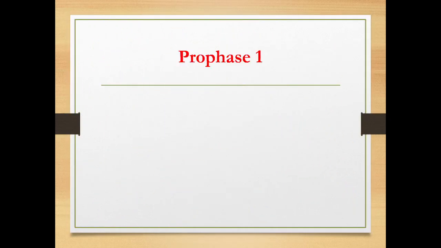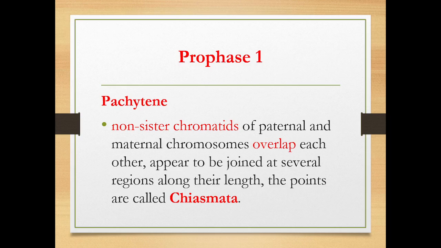Let's quickly move on and look at pachytene once again. So the non-sister chromatids of paternal and maternal chromosomes overlap each other and appear to join at several regions along their length. These points are normally known as the chiasmata. It is at this same chiasmata that crossover will start taking place. So zygotene is responsible for formation of the bivalent, and that bivalent will lead to the process called synapsis.